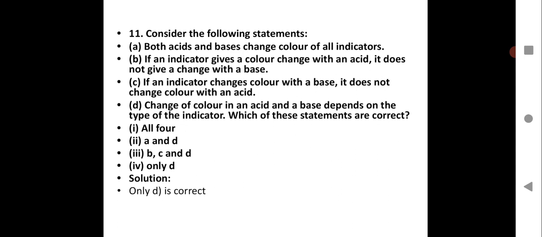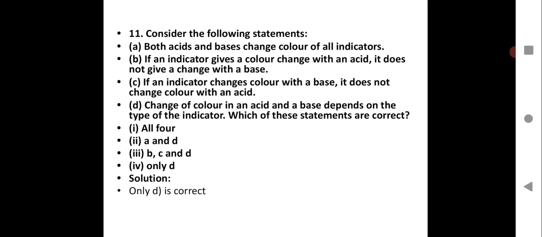The last one, change of color in an acid and a base depends on the type of the indicator. Which of these statements are correct? So here you have an MCQ type of question. First one, all 4. That means all the 4 statements given are correct. We will check that. Next one, A and D. Third one, B, C and D. Or the fourth one, only D.